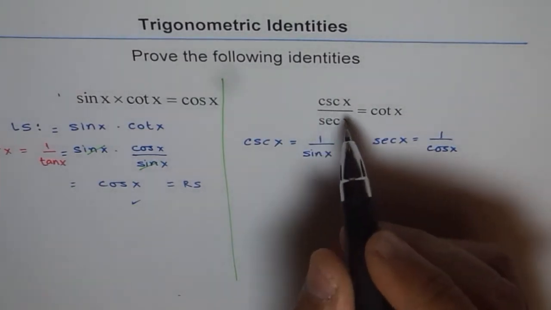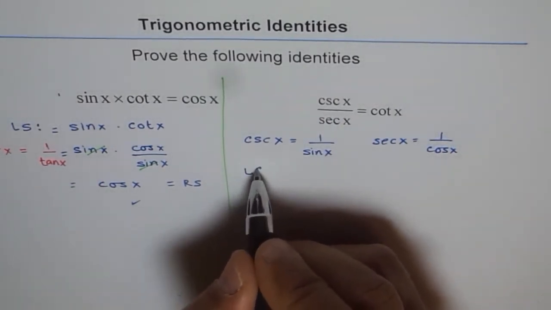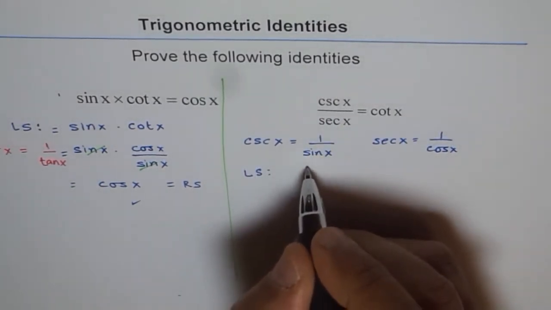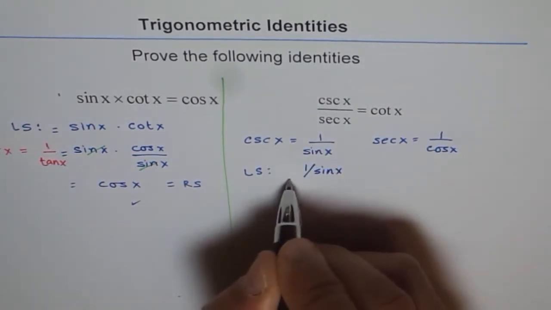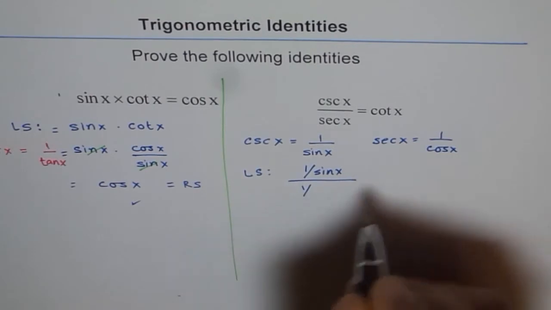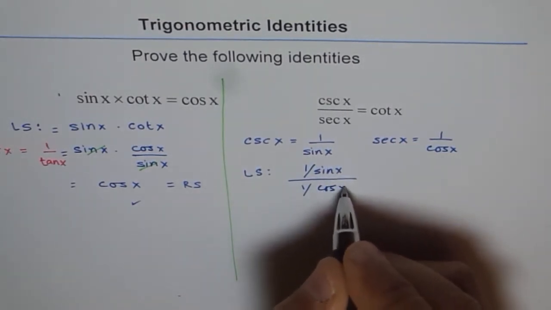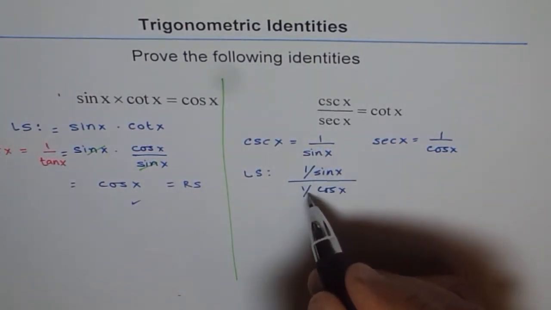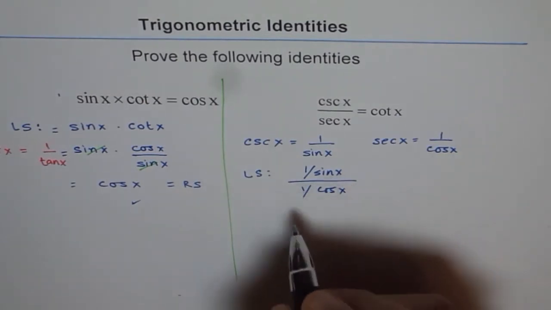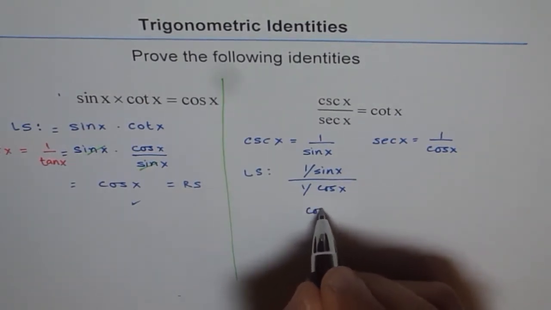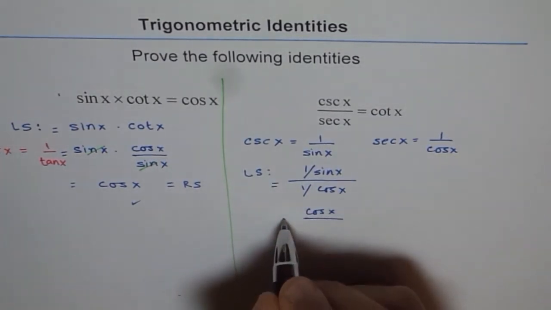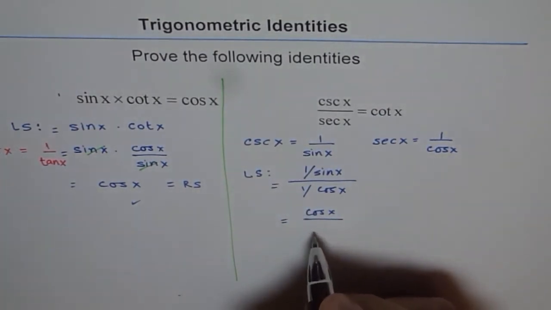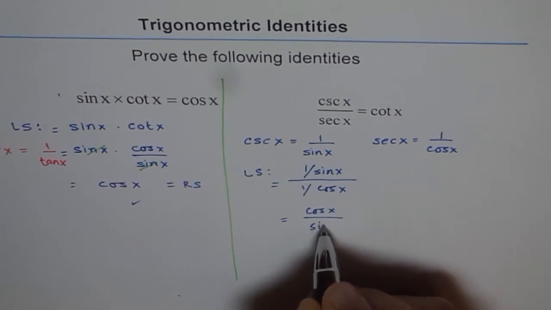So if you replace, the left side becomes 1 over sine x, let me write it like this, over 1 over cos x. Is it okay? So it is like this divided by this, so they flip, right? And so we have cos x over sine x. So that is left side equal to this, which can be simplified as cos x over sine x.